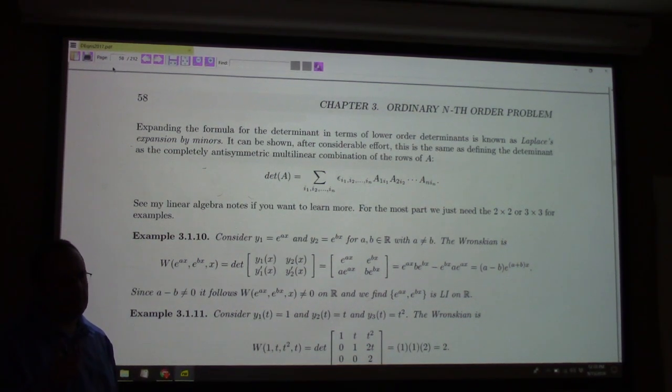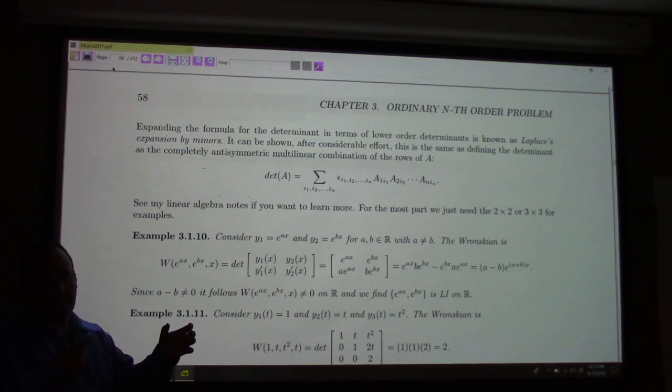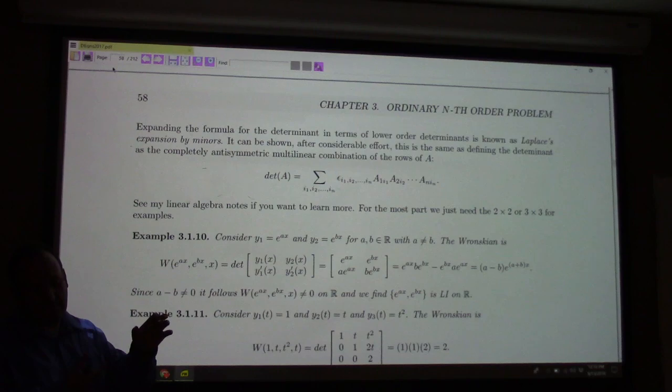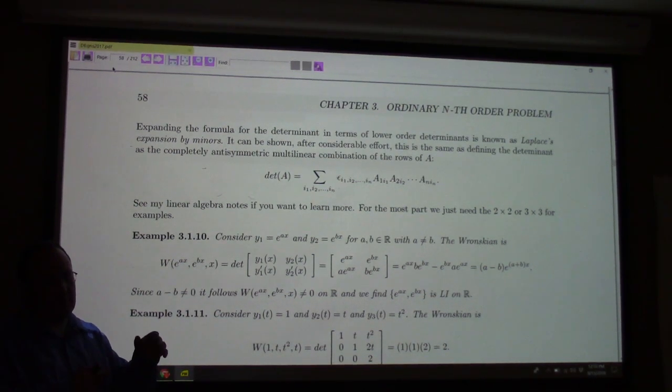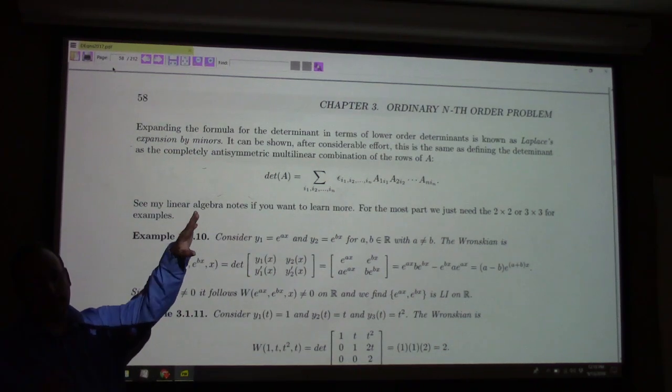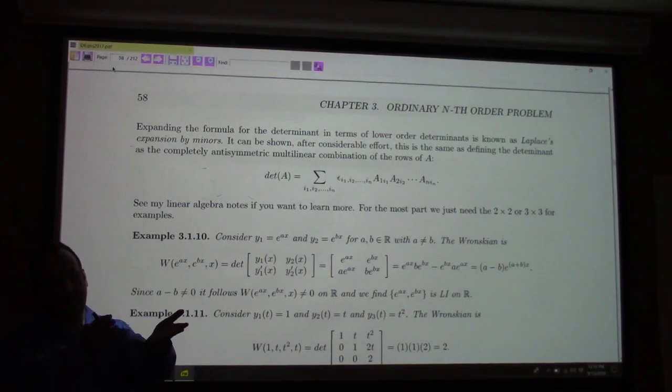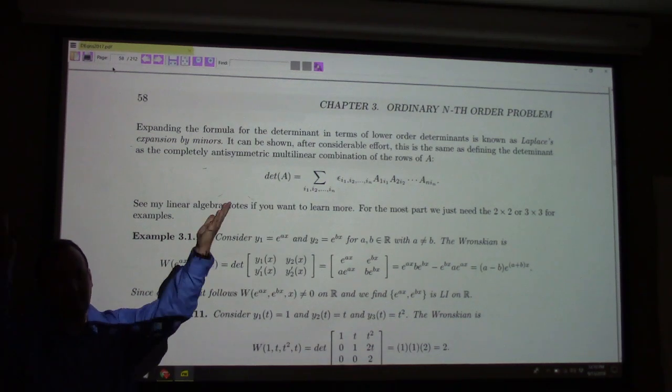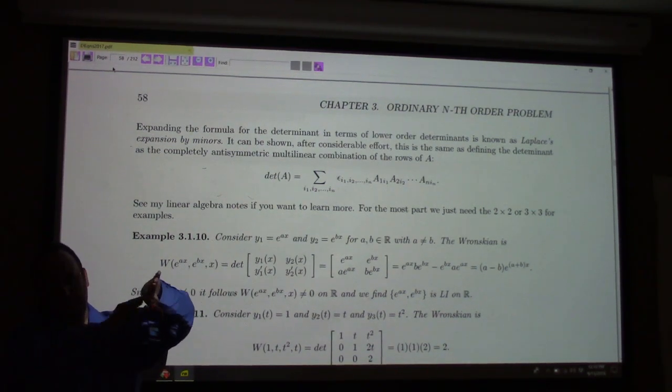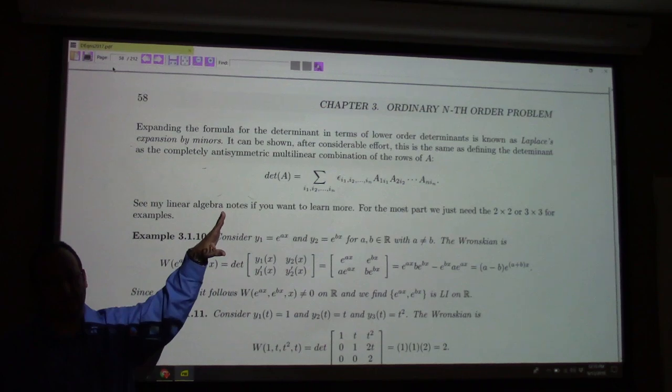It turns out you could have a different dependence in different parts of the domain, and in so doing, they would not be linearly dependent. A good example of this would be the function x and the function absolute value of x. Those are linearly independent, actually, because they're not the same function.